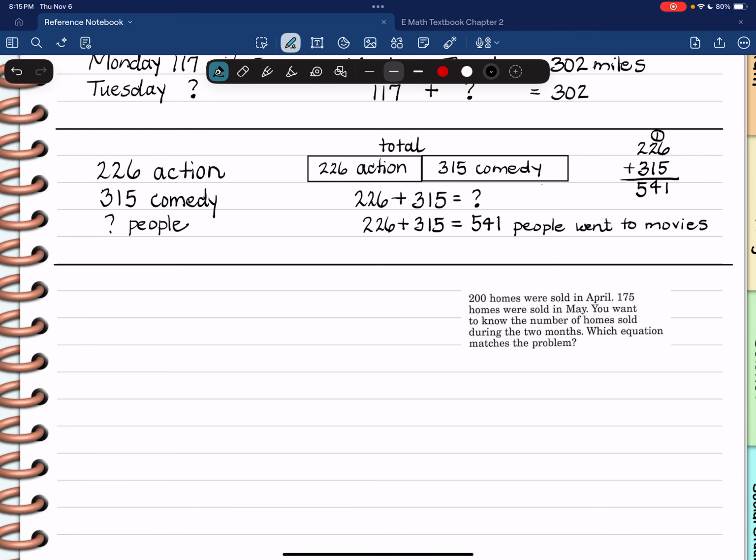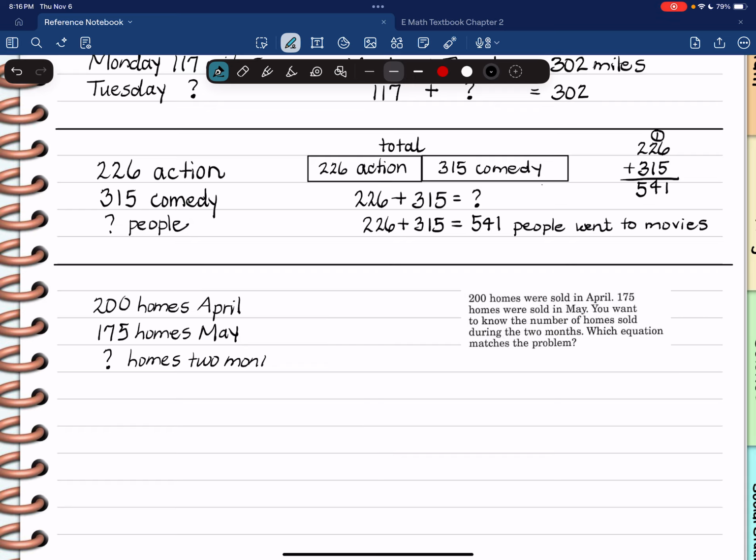We have 200 homes sold in April. And 175 homes sold in May. And the question is the number of homes in 2 months, in those 2 months.